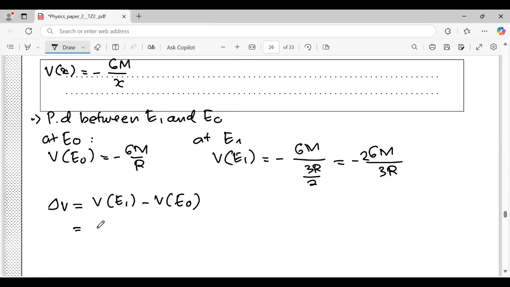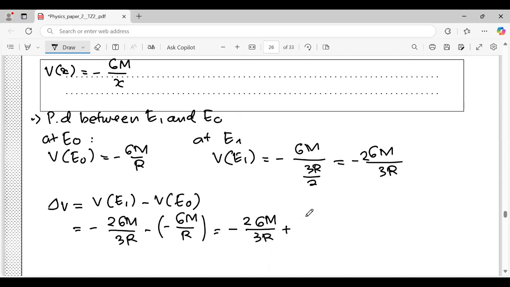Phi E1 is minus 2GM over 3R, minus phi E0, which is minus GM over R. So minus 2GM over 3R plus GM over R, or GM over R minus 2GM over 3R.